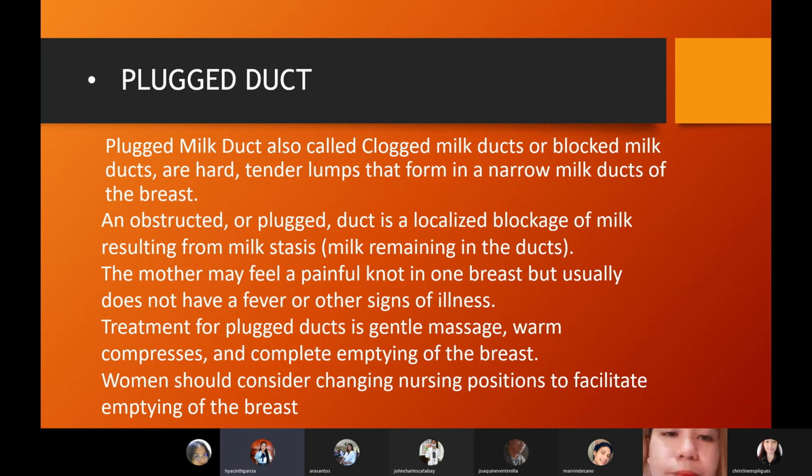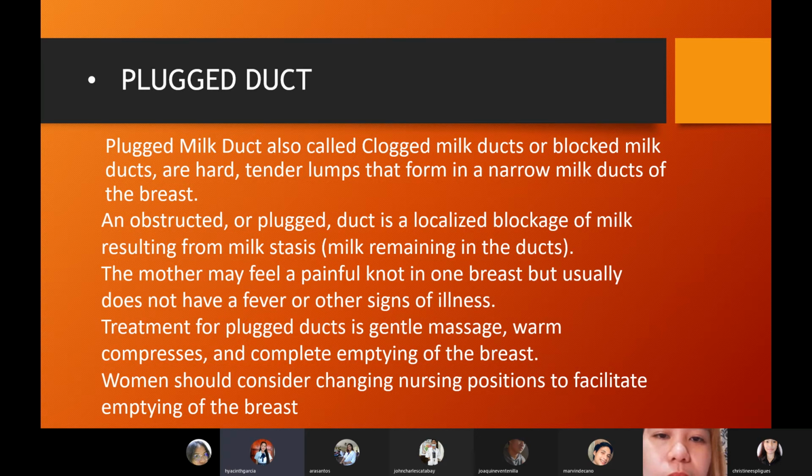Next is plugged duct. Plugged milk ducts, also called closed milk ducts or blocked milk ducts, are hard, tender lumps that form in a narrow milk duct of the breast. Unobstructed or plugged duct is a localized blockage of milk resulting from milk stasis, or milk remaining in the ducts.